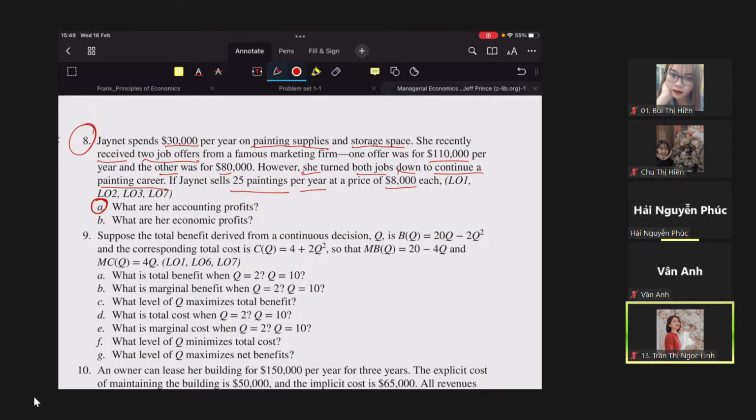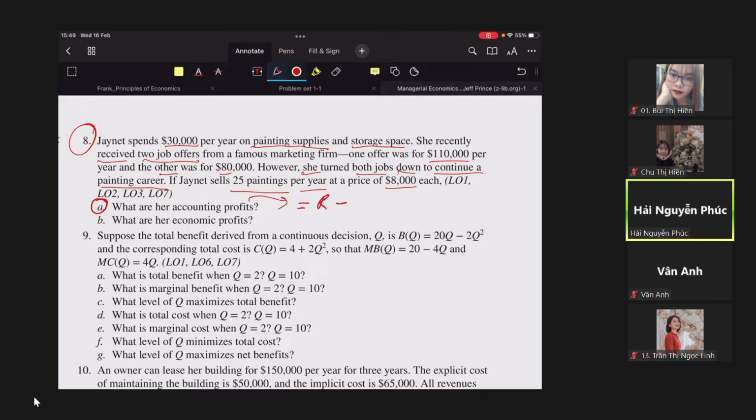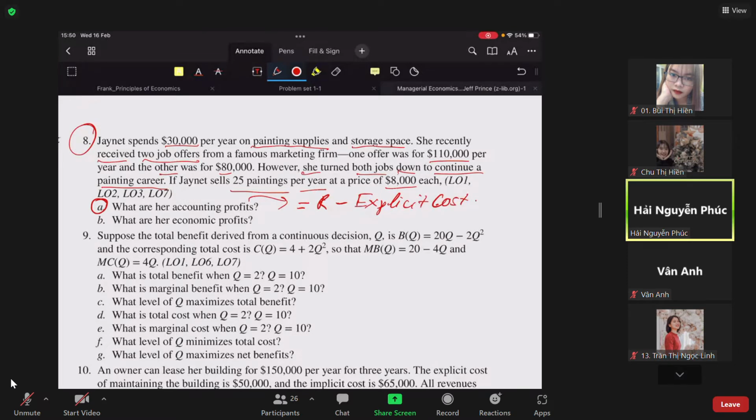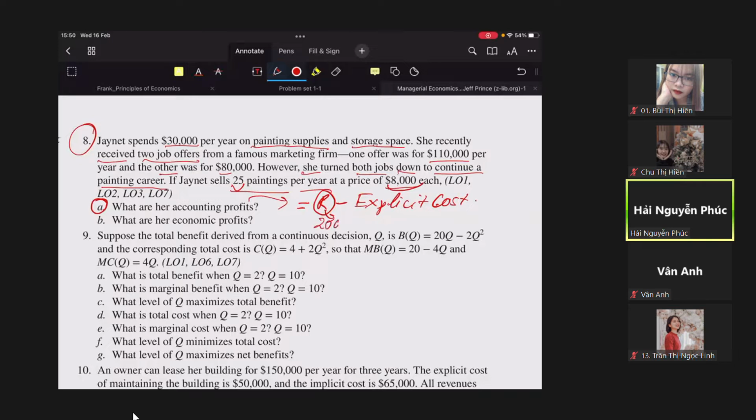So accounting profit, we know that it equals the revenue subtract the explicit cost. What is the revenue for us in this example? It equals 25 times 8,000, so it is going to be $200,000.